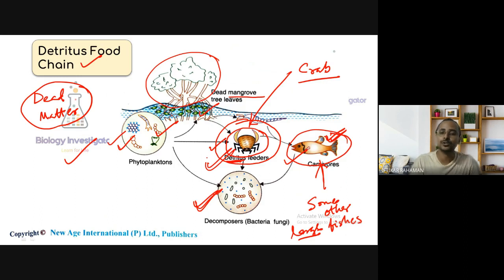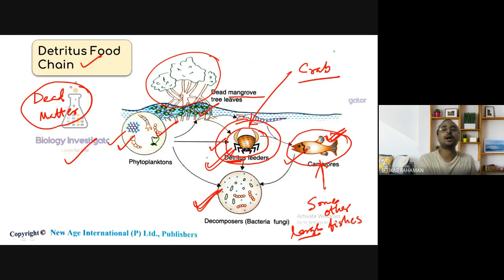If the decomposers are working there, decomposers simply decompose the dead matter before the detritivore comes and eats that dead matter.